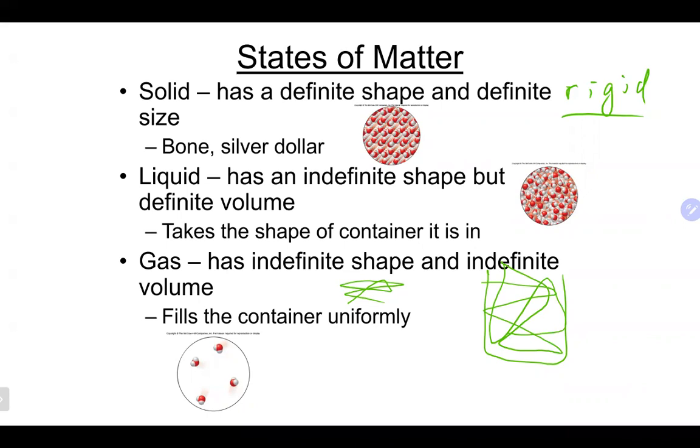And as we'll talk about in the gas chapter, in a lot of cases we don't even worry about the actual volume of a gas. We more worry about the volume of the container it's in, because they're flying around so much and filling that container uniformly. And obviously, as I mentioned earlier, as they are flying around and colliding, that is what's going to cause the pressure that we associate with gases. Any questions on that?